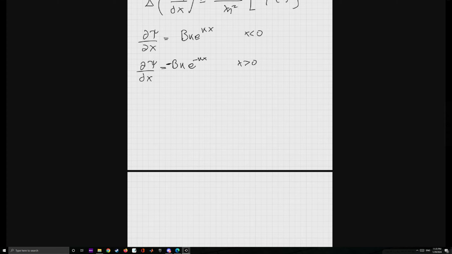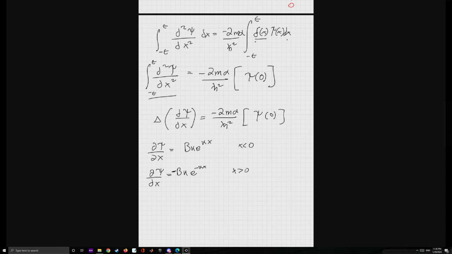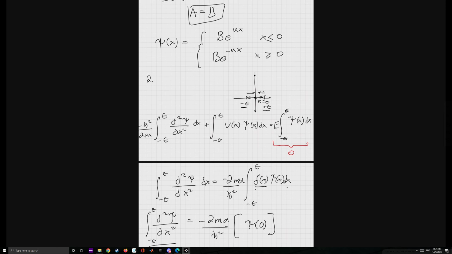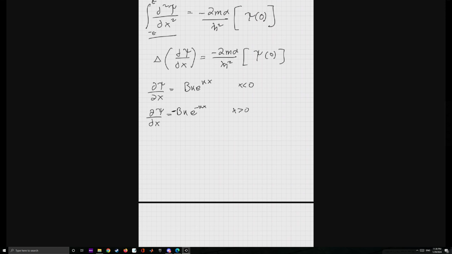So if we are looking at this, we simply take x equals 0, because that's what we want to see, if the wave function is ordinarily continuous. The wave function looks something like this.